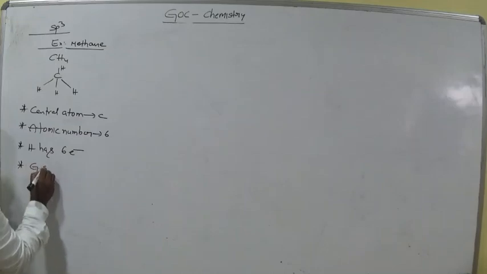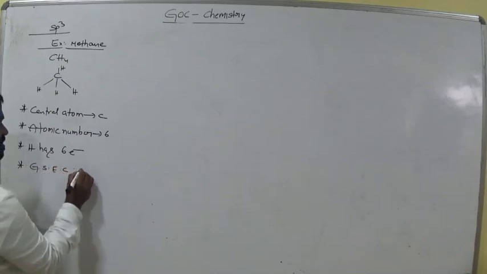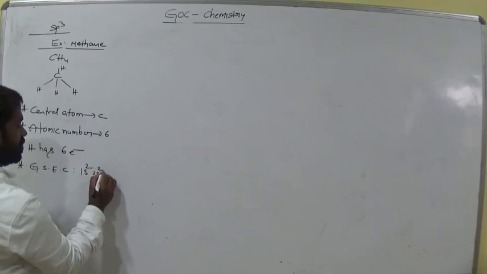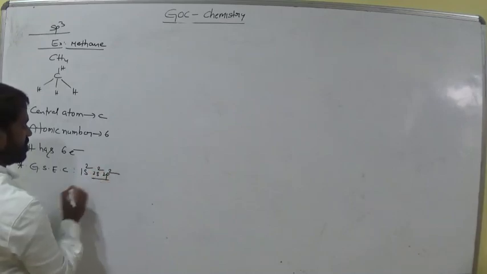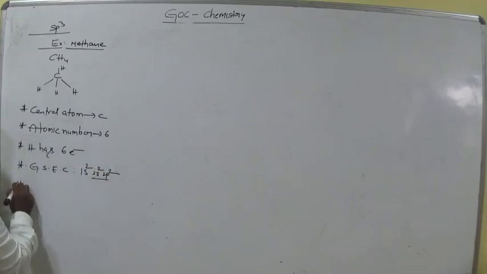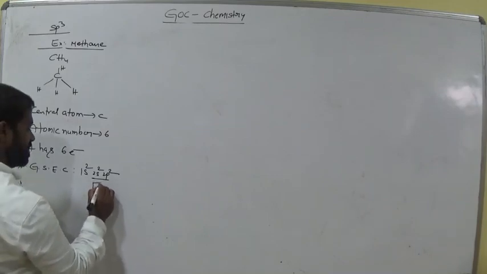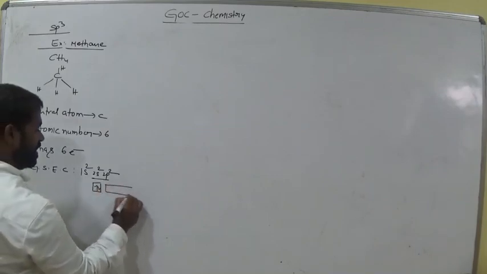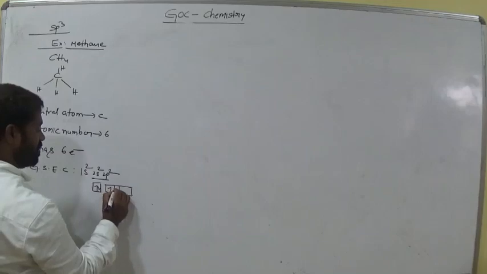Its ground state electronic configuration is 1s2, 2s2, 2p2. This is the outermost electronic configuration, so there are 2 electrons in the p orbitals.